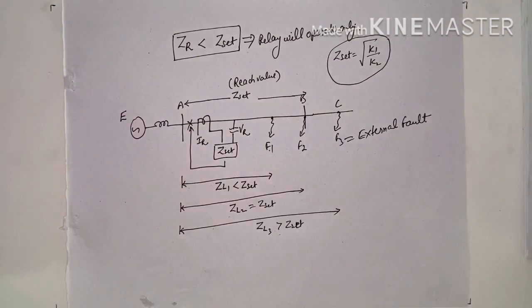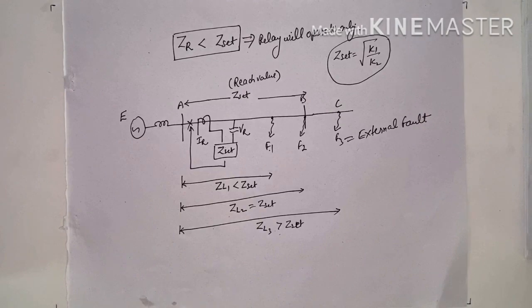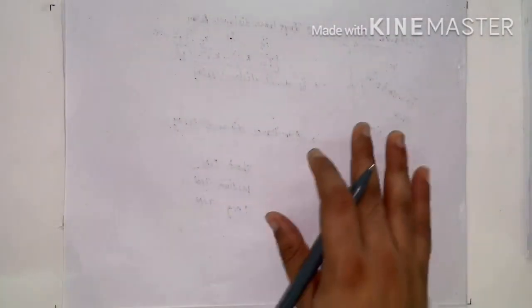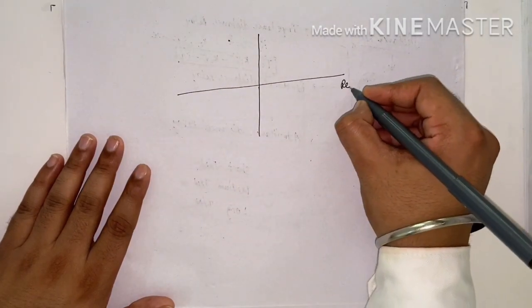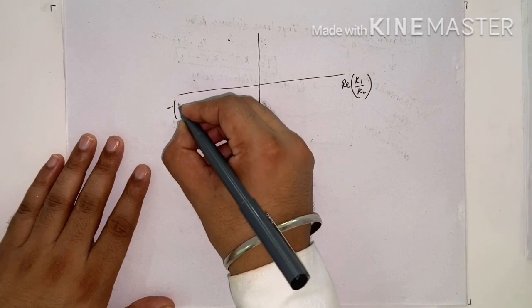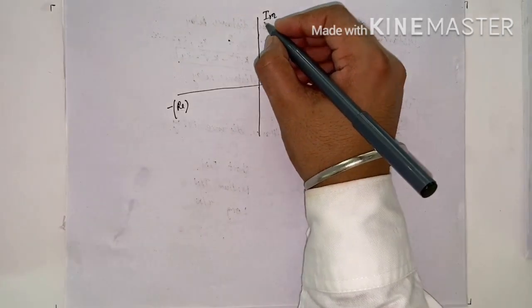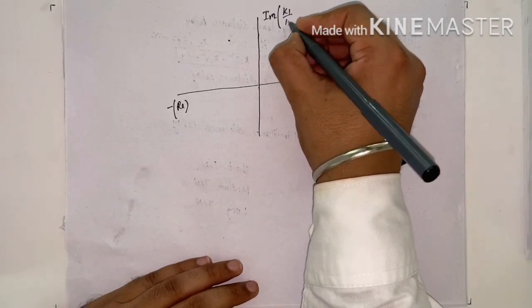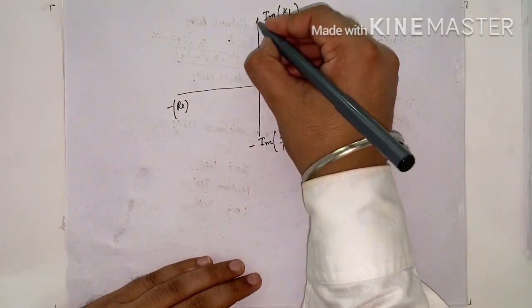Now with the help of the reactance diagram, suppose this is the real part of K1 by K2, this is the negative real axis and this is the imaginary part of K1 K2, that is negative and this is positive.